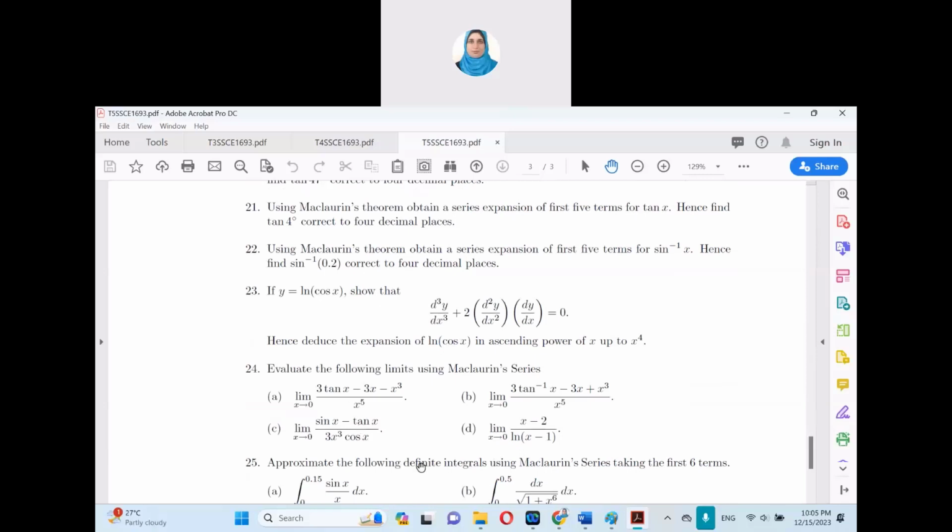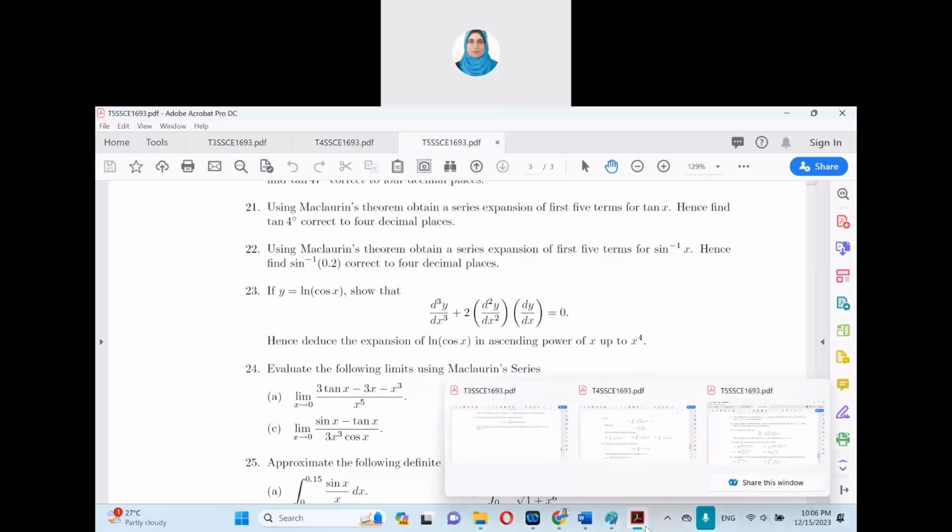Okay, for 24C, I will give you the idea here. You need to separate, because this is the last question I will solve today.